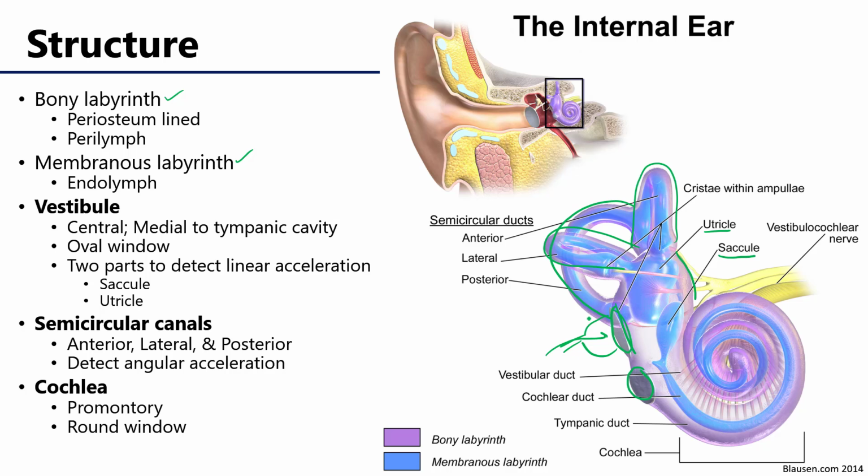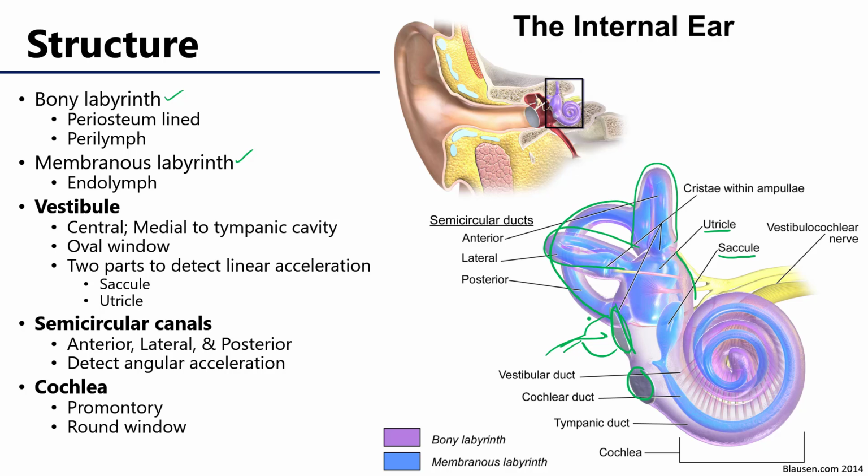So we know which way our head is accelerating or dynamically moving at any given time. The semicircular ducts and the vestibule work together for maintaining equilibrium, and that allows us to have balance.